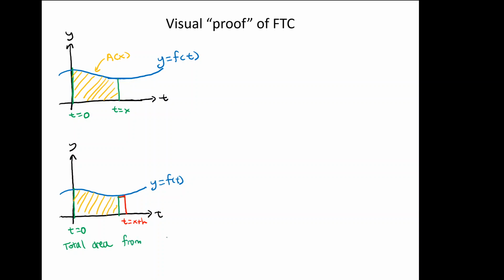from x equals 0 to, sorry, from t equals 0 to t equals x plus h is the yellow shaded part plus the red shaded part.